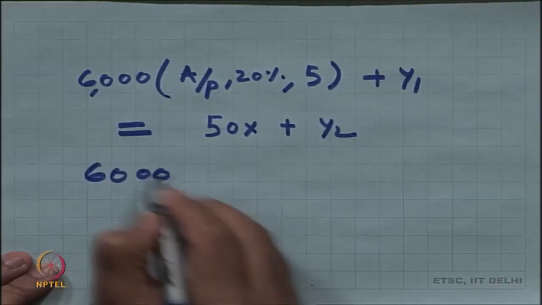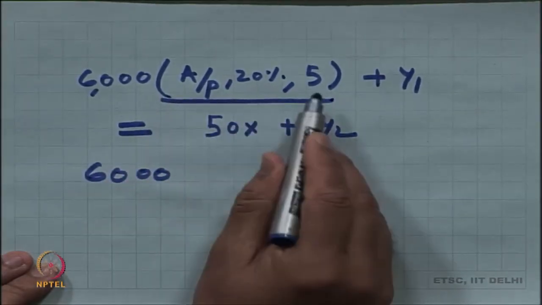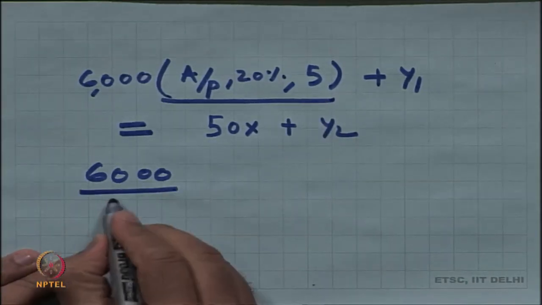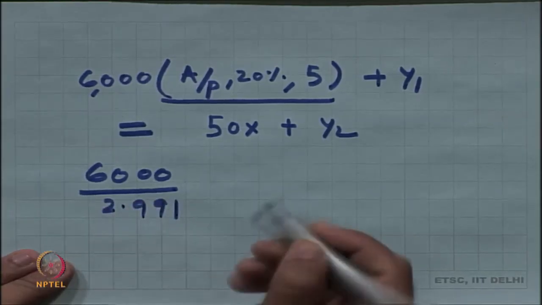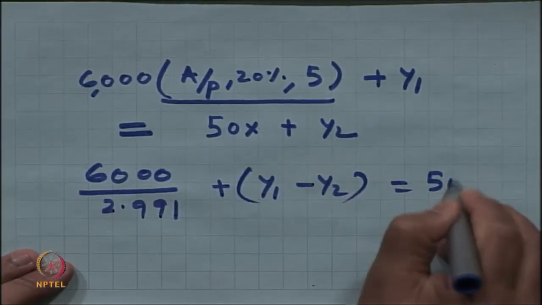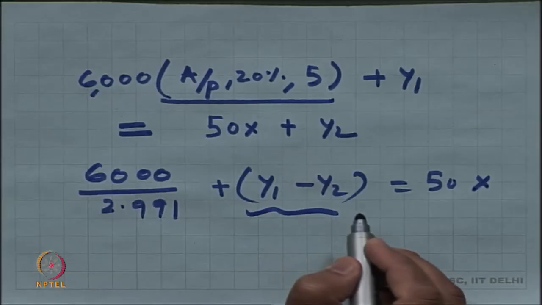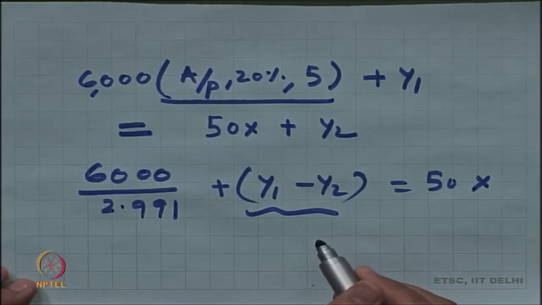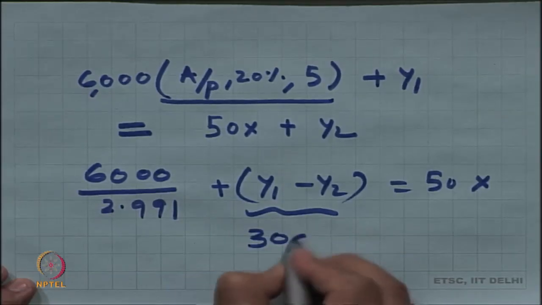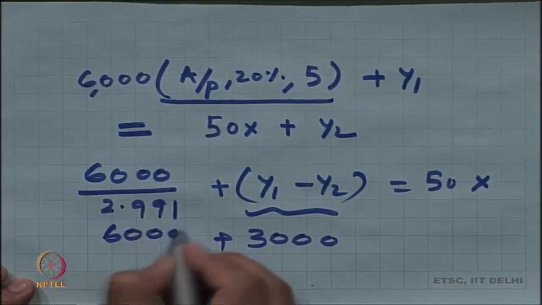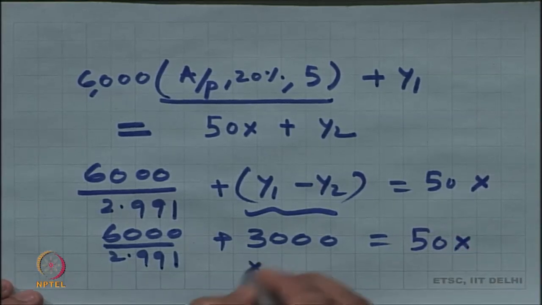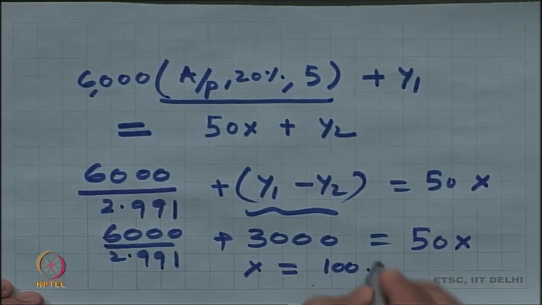So, I write 6,000 and A given P for 20% 5 years, it is going to be 1 upon 2.9911, plus y1 minus y2 is equal to 50x. And now, in the problem I am given that y1 minus y2, that is the difference in operating and maintenance costs between owned and rented compressor, is $3,000. So, 6,000 divided by 2.991 is equal to 50 times x. So, if you solve this x, you will get some value 100.12.